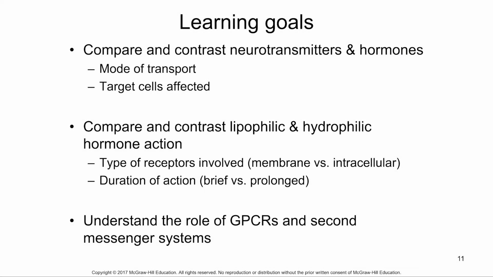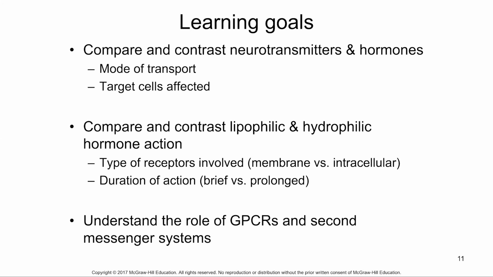So today we looked at some differences between neurotransmitters and hormones, such as the mode of transport, the distance in which they generally travel, and also the target cells that are affected by those two different types of molecules.